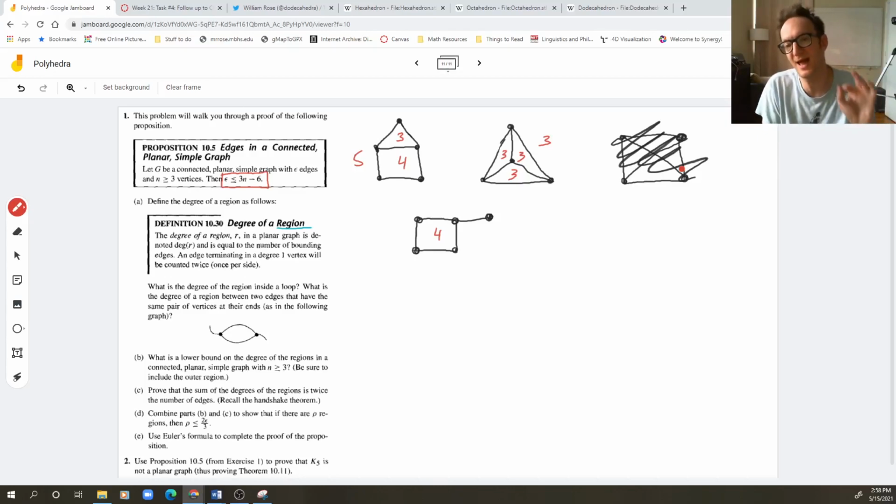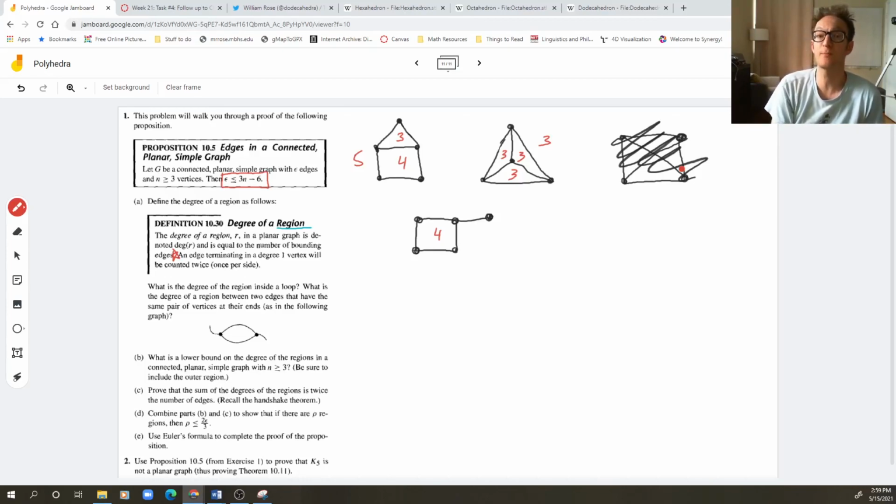Well, Gosset says, it might not be obvious that this is what you're supposed to do, but an edge terminating in a degree 1 vertex will be counted twice, once per side. So that's kind of strange. The degree is the number of bounding edges.